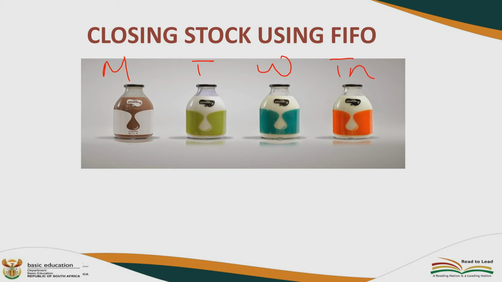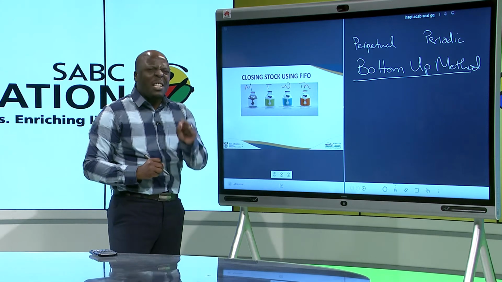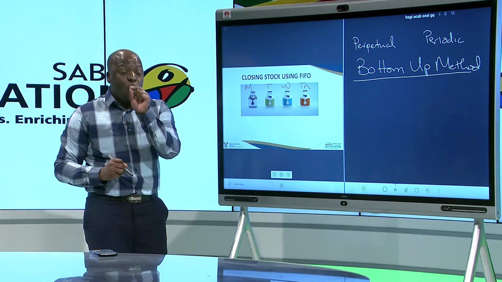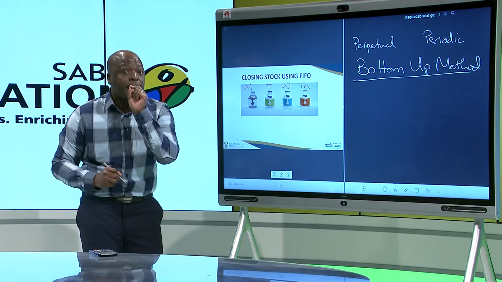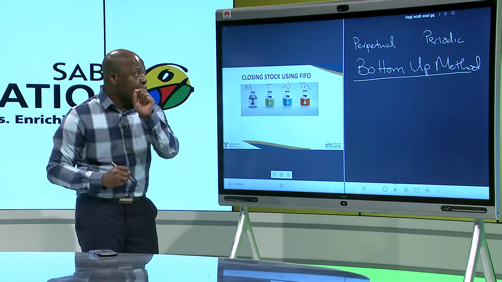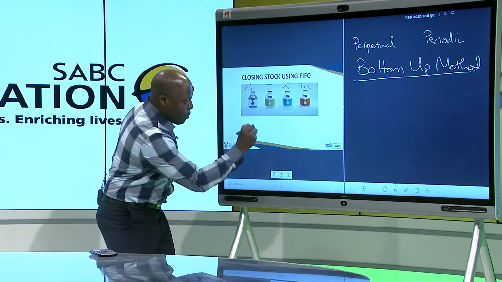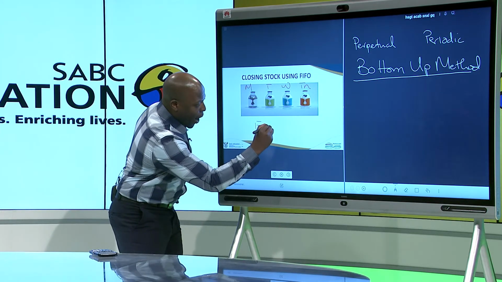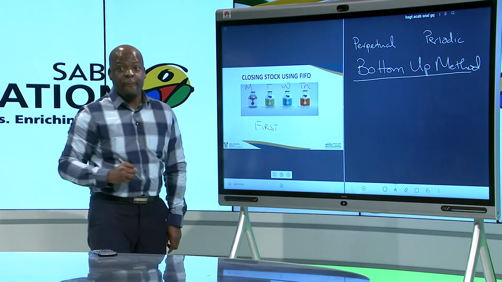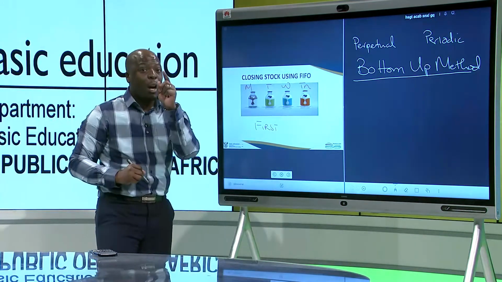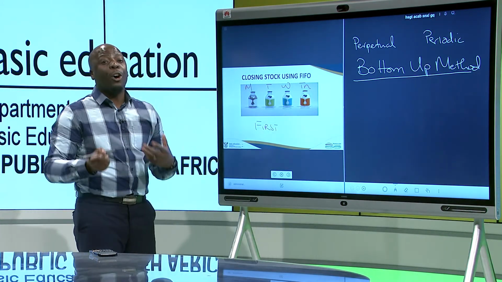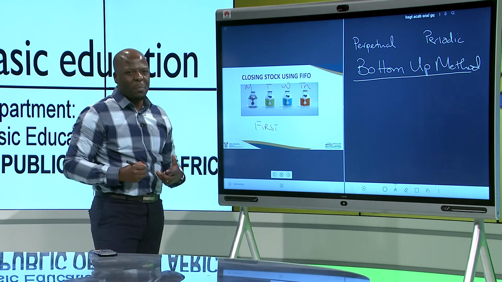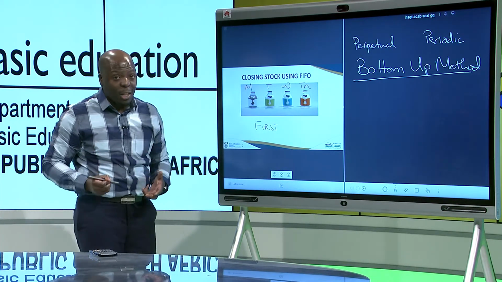Now, when we are selling, it is very important that you understand that you can only sell what you bought first. What you purchased first is what you're going to sell first. So when customers come to the business, they want to buy milk.